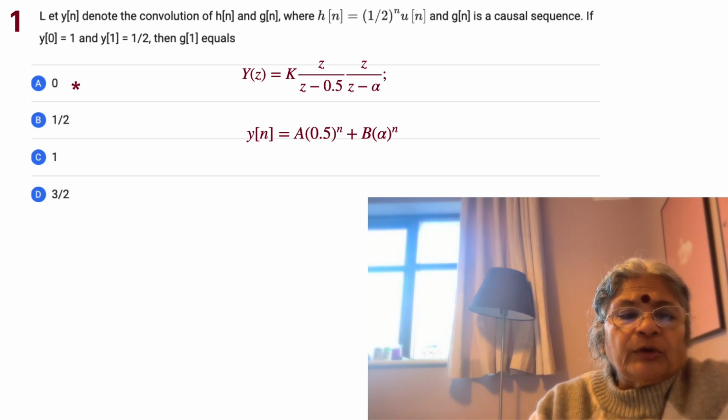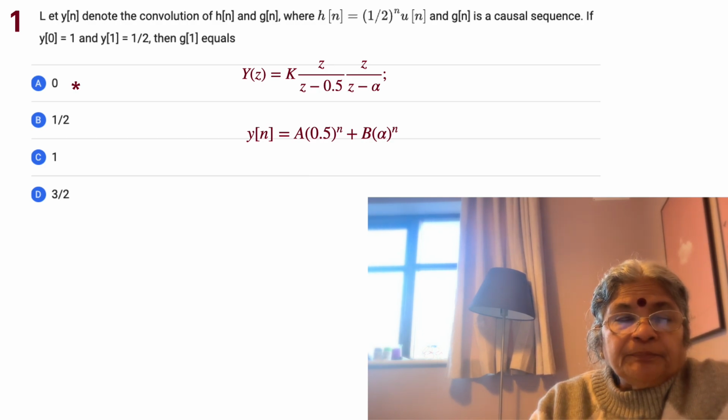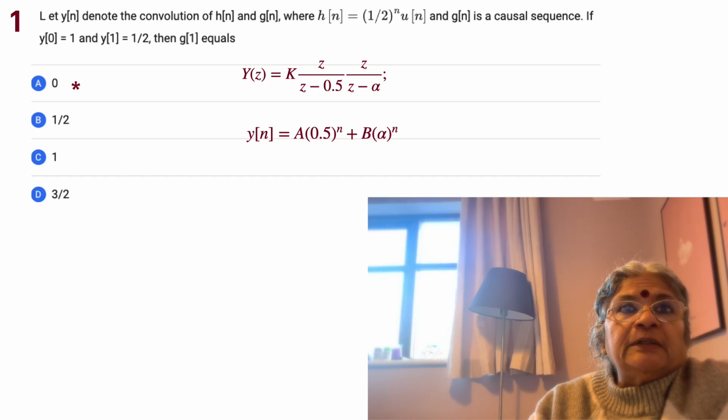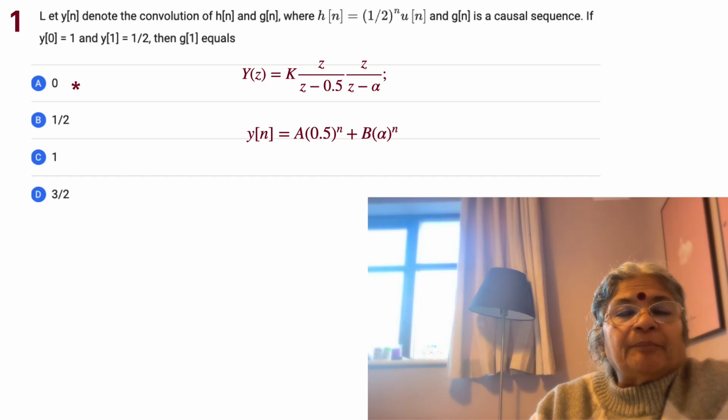From n you move to k, or from k you move to n. Thereafter you fold one, and then you push it further such that they overlap each other, and each of the overlapping samples are multiplied and added, rather than integrated, it's summation here, and the result is the convolution.